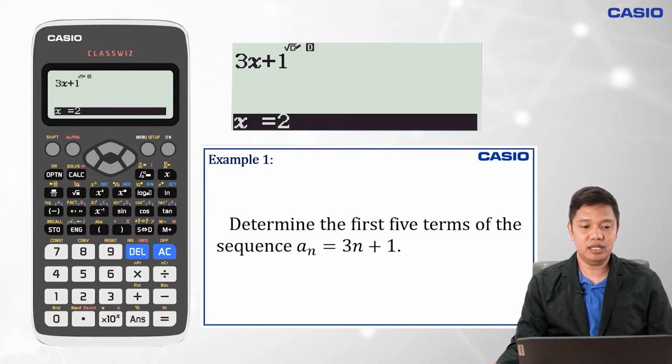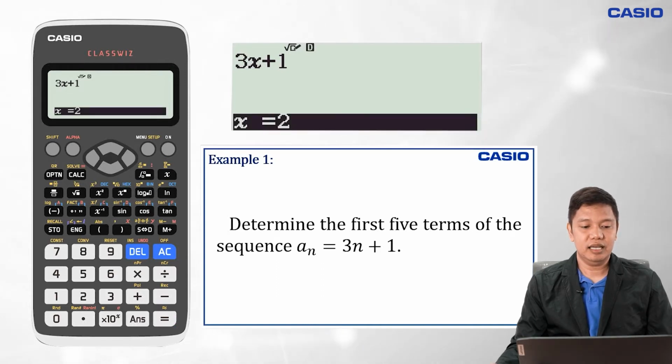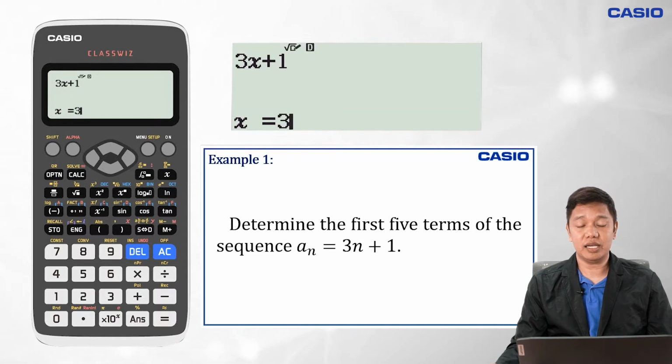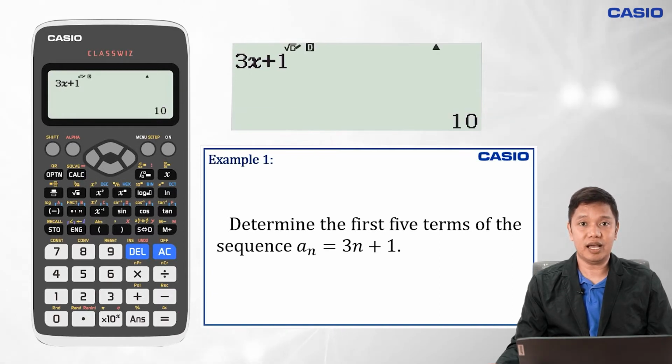Press 2 and then equals, we have 7 as the second term. To calculate the third term, again we need to press calculate, and then 3 as the value of x, and then equals, and another equals, we have 10 as the third term. Repeating the process, we will have the fourth term as 13 and the fifth term as 16.